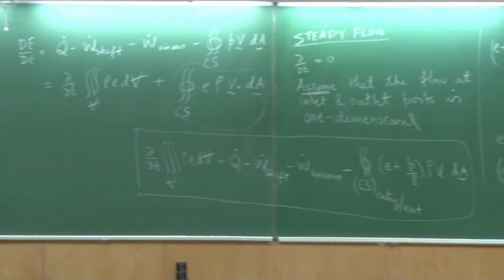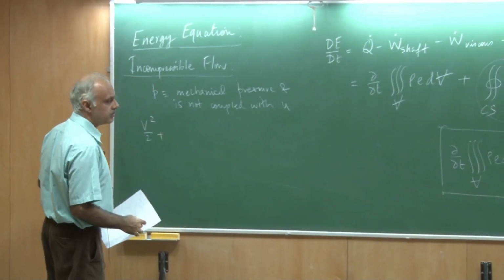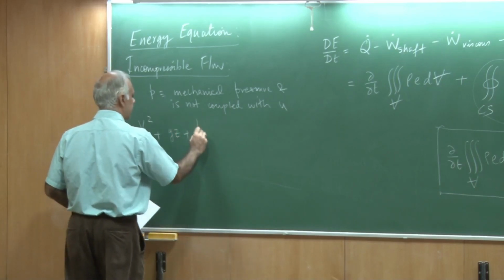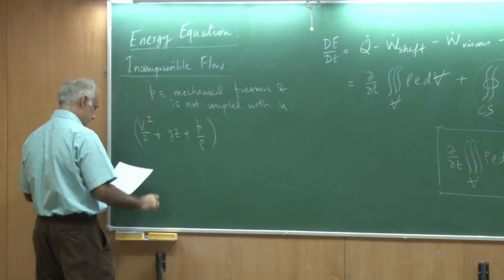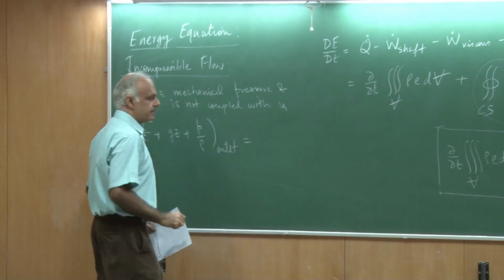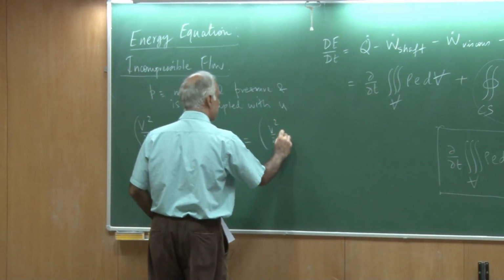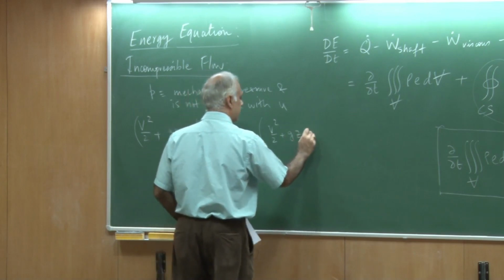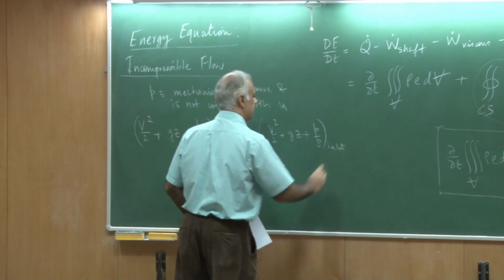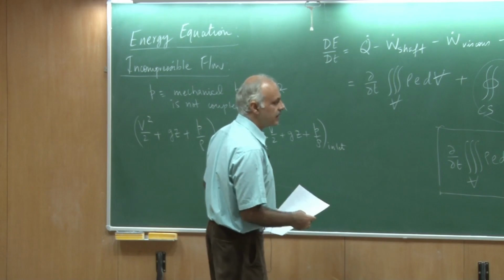So, let me now write down that equation. It becomes V square by 2 plus Gz plus P by rho, this at the outlet, equals V square over 2 plus Gz plus P by rho at the inlet. And then I have the other terms Q and Ws.